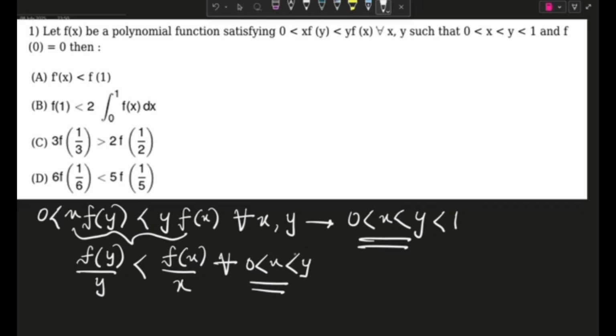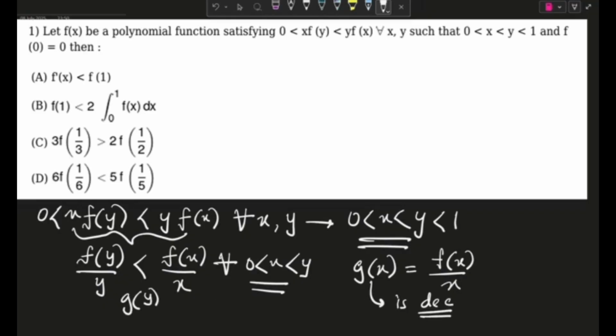Now what you will observe is, if x is less than y and f(y)/y is less than f(x)/x, it means that if we take a function g(x) to be f(x)/x, then g(x) is actually decreasing. We can write it as g(y) < g(x).